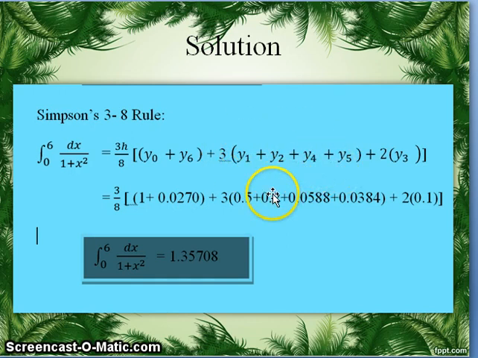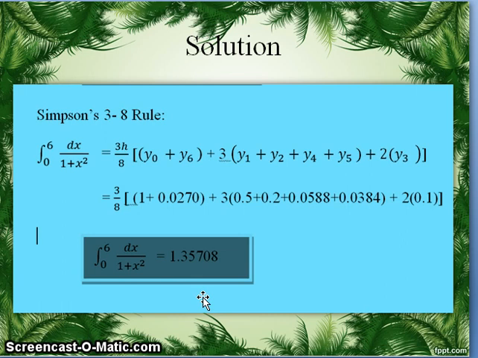You want to substitute all these values from the tabular column, and y3 also you take from the tabular column. After substituting all the values, if you simplify and multiply with 3 by 8, you will get the final result of Simpson's 3/8 rule as 1.35708. So now in this problem we got trapezoidal rule, Simpson's 1/3 rule and Simpson's 3/8 rule.